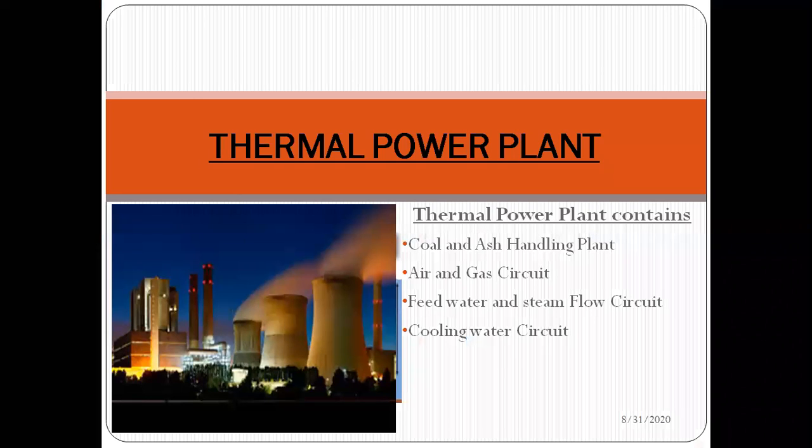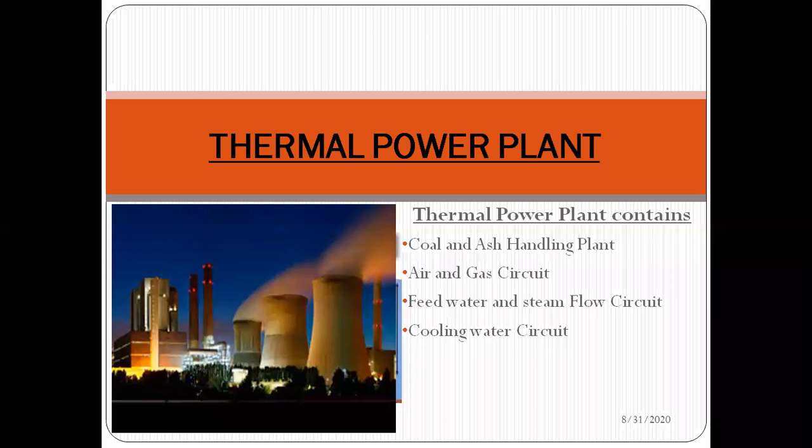The first is the coal and ash handling plant, where the coal is stored and pulverized, and after ignition of the coal, ash is produced. This ash can be handled and transported to certain industries, such as the concrete industry, for making materials that can be used for the construction of buildings. So all these processes are done in the coal and ash handling plant.